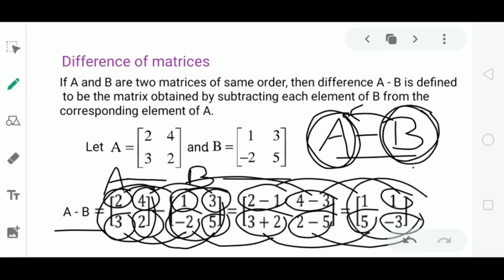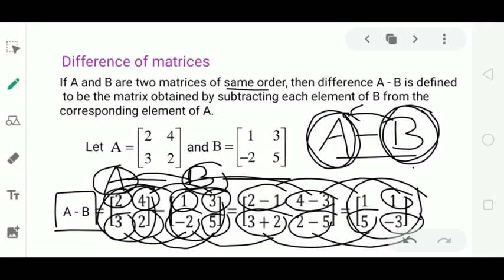This is a matrix obtained by subtracting each element of B from the corresponding element of A, or by taking elements of A minus corresponding elements of B. And this matrix is denoted by A minus B. In this way, we can find the difference of matrices. Since we are subtracting elements of second matrix from the corresponding elements of first matrix, remember that both the matrices must be of same order.